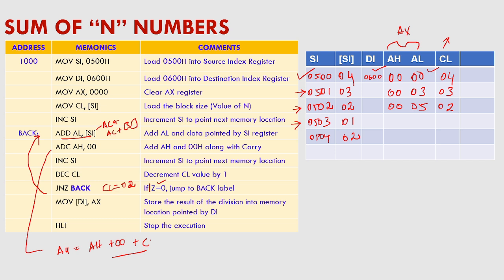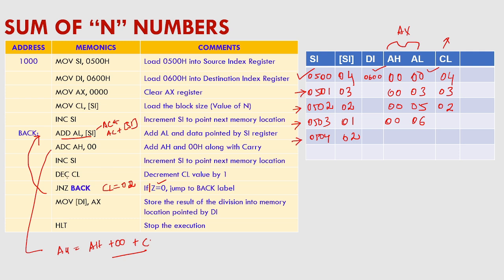ADD AL, content of SI. What is the current SI data? 01. So AL will be 06. Now ADC AH, 00, added with the carry. There is no carry, so you will have only 00. Now increment SI. The current value of SI is 03, now it is incremented to 04.